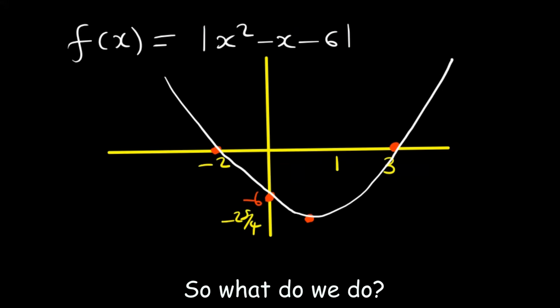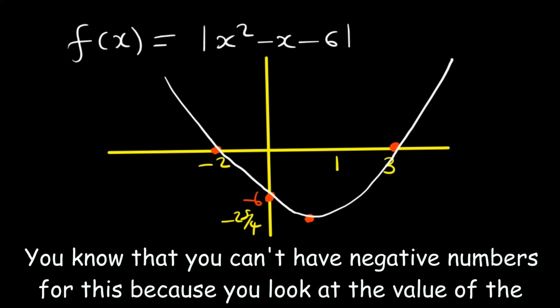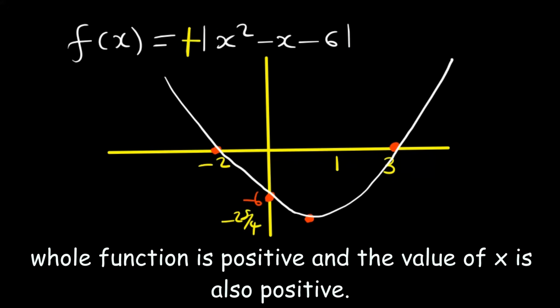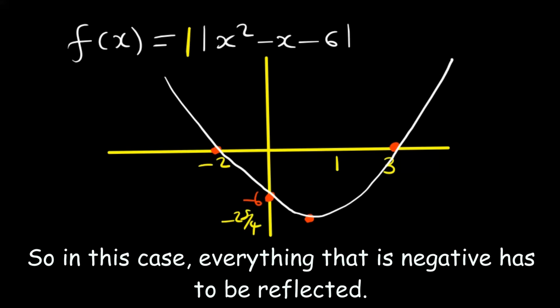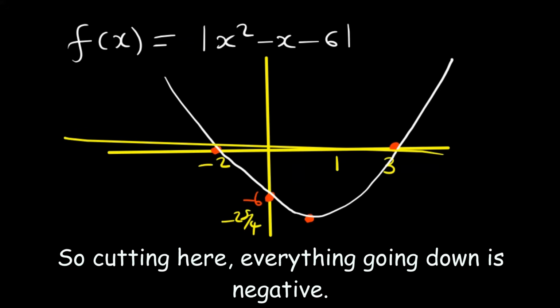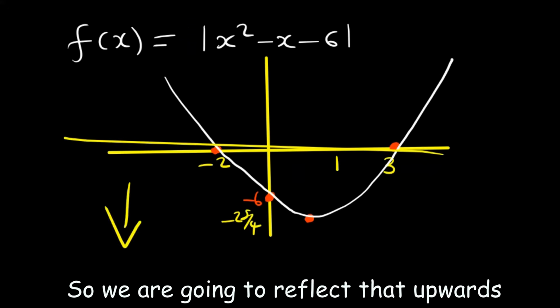So what do we do? You know that you can't have negative values for this, because the value of the whole function has to be positive. You are going to the positive values. So in this case, everything that is negative has to be reflected. So cutting here, everything going down is negative, so we are going to reflect that upwards.